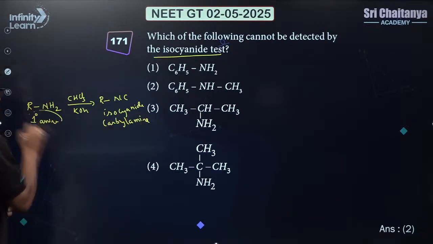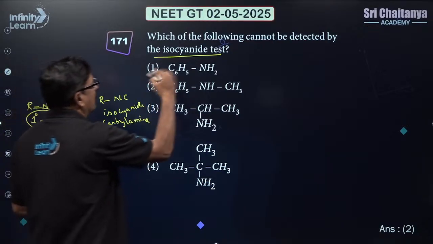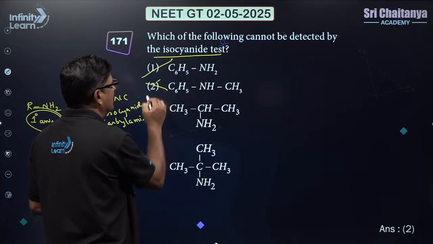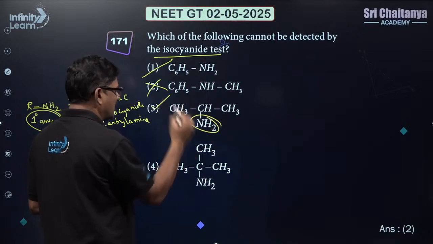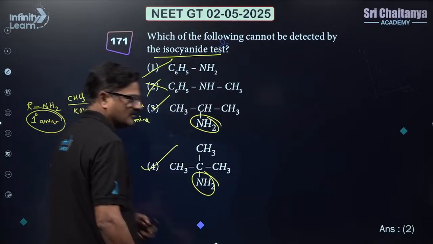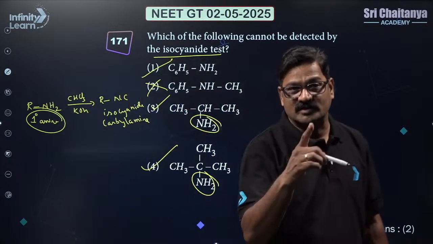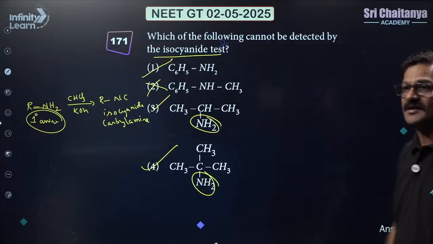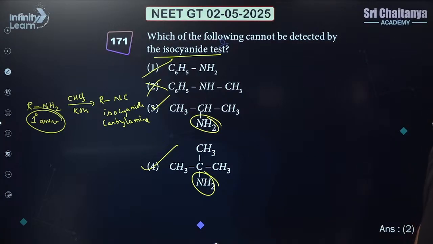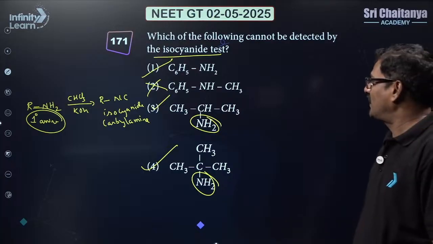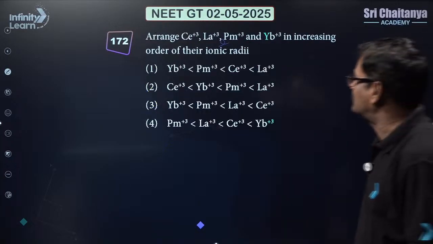This is given by only primary amine. So primary amine can give, secondary amine will not give. Don't look at the degree of carbon, look at the degree of nitrogen. Exactly, only primary amines give, right?